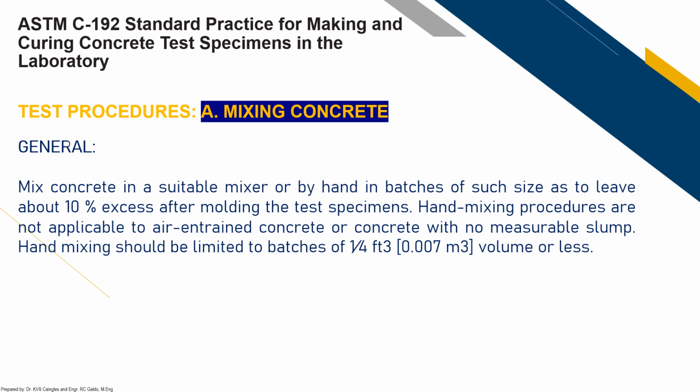So the general note: mix concrete in a suitable mixer or by hand in batches of such size as to leave about 10% excess after molding the test specimen. Hand mixing procedures are not applicable to air-entrained concrete or concrete with no measurable slump. Hand mixing should be limited to batches of 1/4 cubic foot in volume or less.